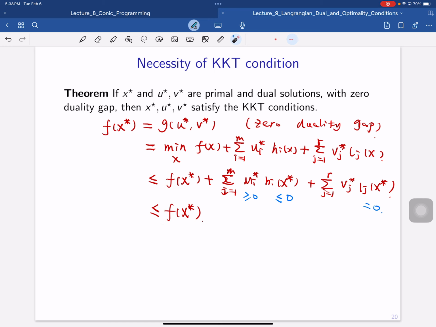It is, right? Because you have f(x star) on this side and f(x star) on the other side, so f(x star) must be equal to f(x star). In other words, these two inequalities are actually equalities, since you have f(x star) on both sides.